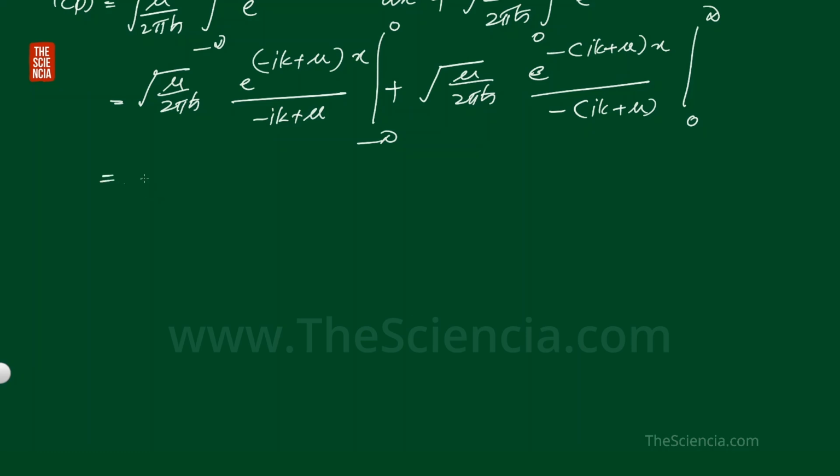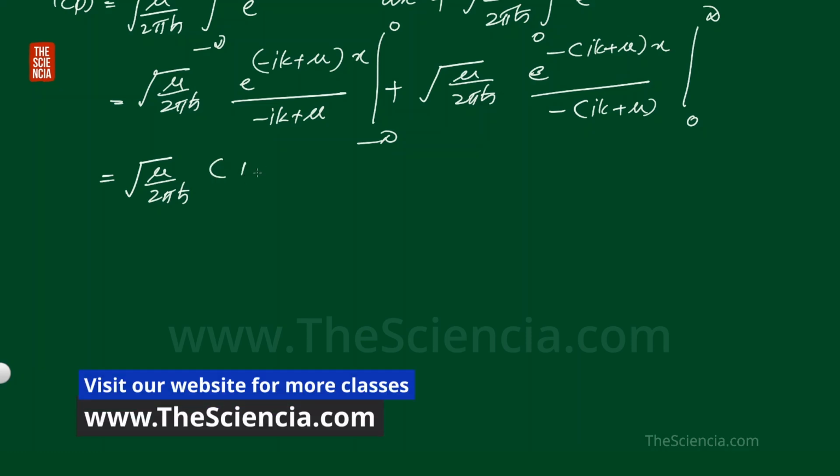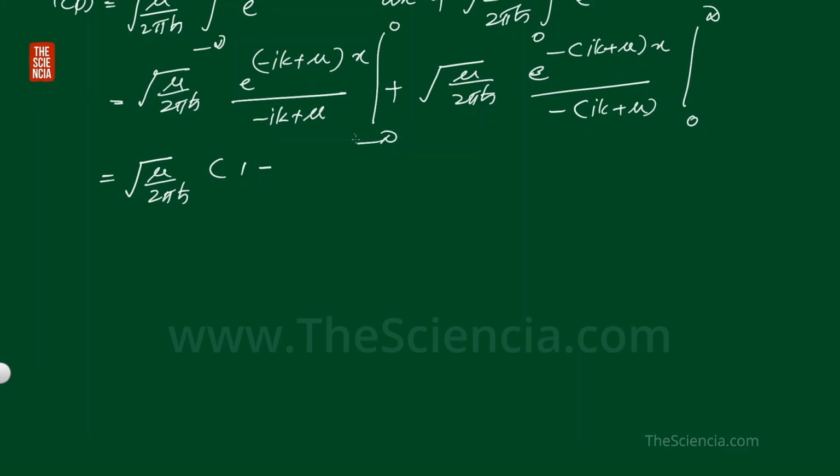Now we substitute these limits. When substituting the upper limit 0, we get e raised to 0 is 1, minus e raised to minus infinity, which is definitely 0, divided by minus ik plus mu.